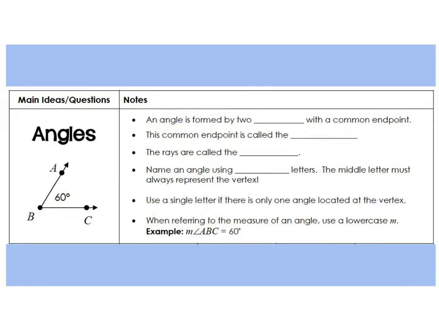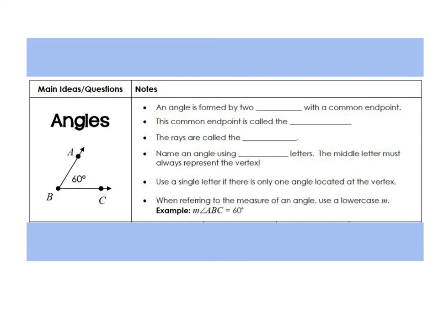The first one, we have main ideas, angles. It says an angle is formed by two blank with a common endpoint. The answer is 2 rays. If you're wondering what rays are, that's these arrows right here. Notice that on one side they continue on forever, and on the other side they have an endpoint.